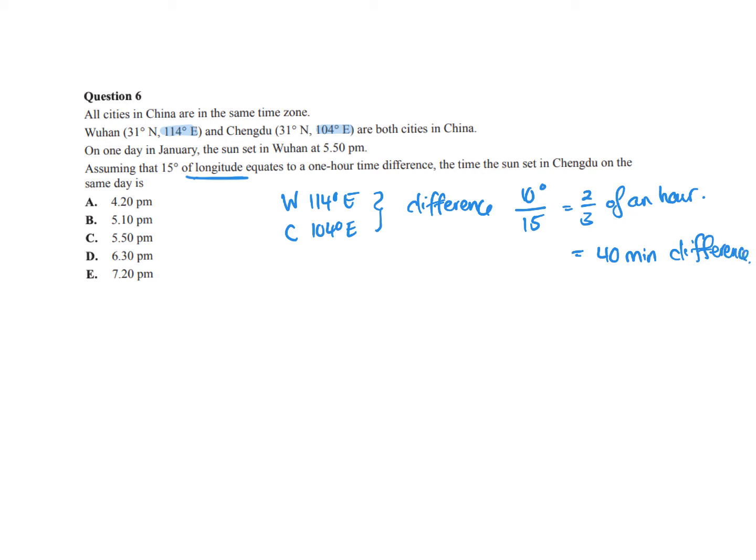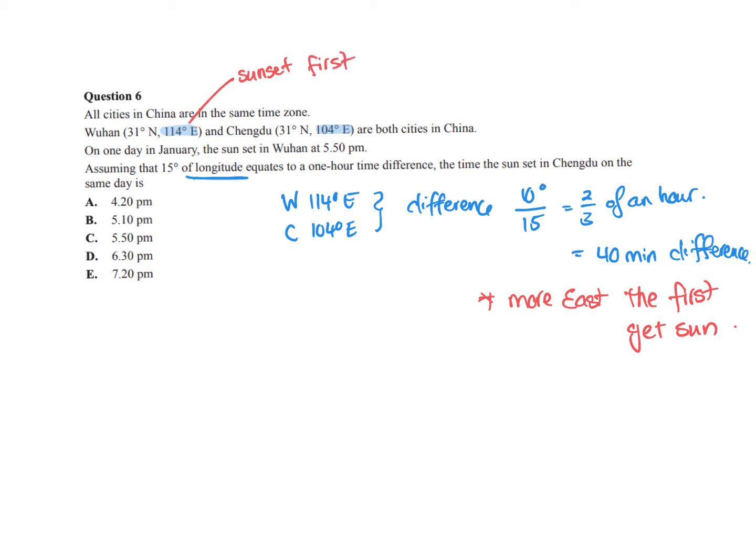Now, remember, the more east you are, the first you get the sun, yeah? Sorry, I don't know how to say that. But you get the sun first. So Wuhan is going to get the sunset first. If it gets sunrise first, it gets sunset first, yeah?